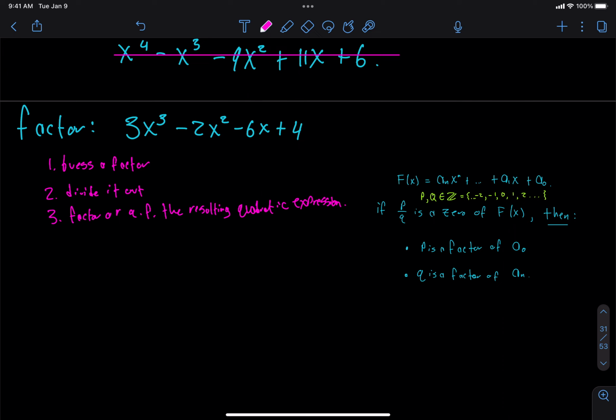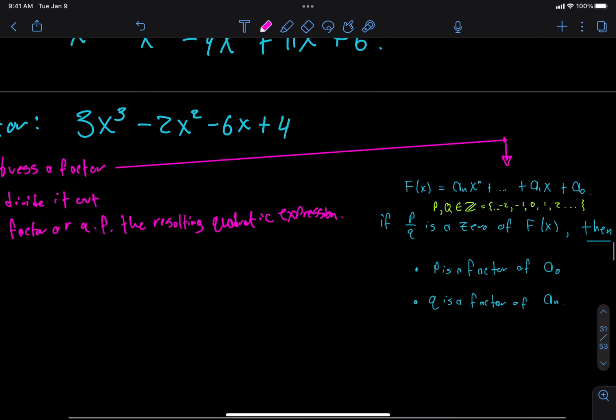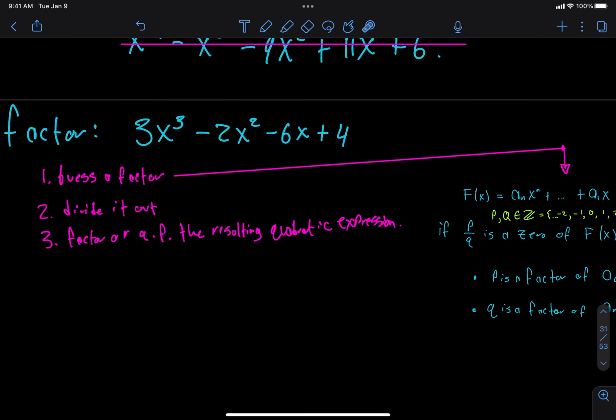So the rational root test comes in with step number 1. Step number 1, we want to guess one of the factors of this thing. Sometimes you can just look at it and see. With this one, I don't think I can easily see what is going to make this 0.